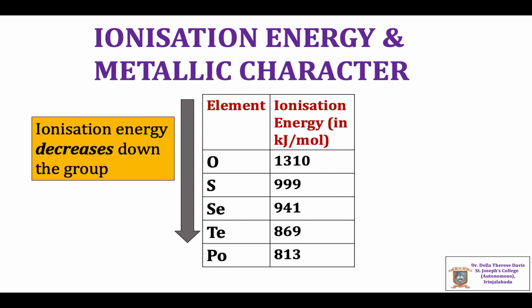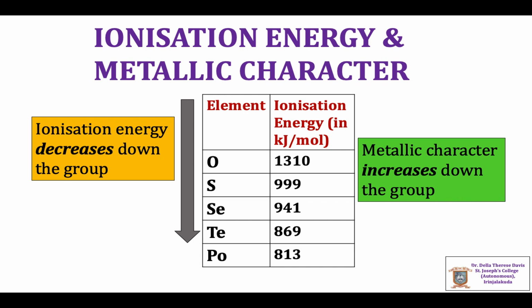As we go down the group, the ionization energy decreases. So oxygen, the smallest member, has the highest ionization energy, and as the size of the atom increases, the ionization energy decreases, and hence the metallic character increases as we move down the group.